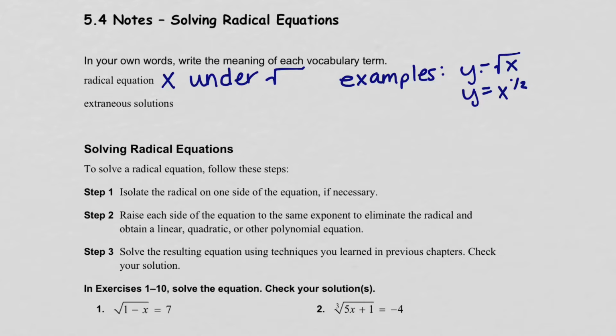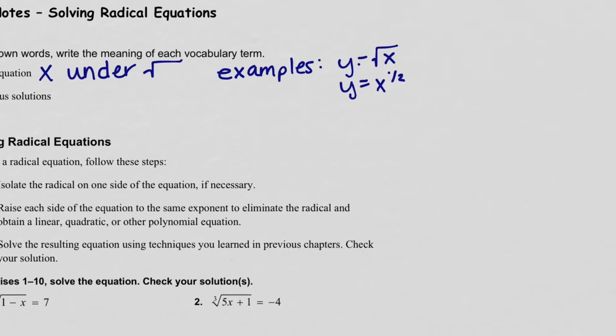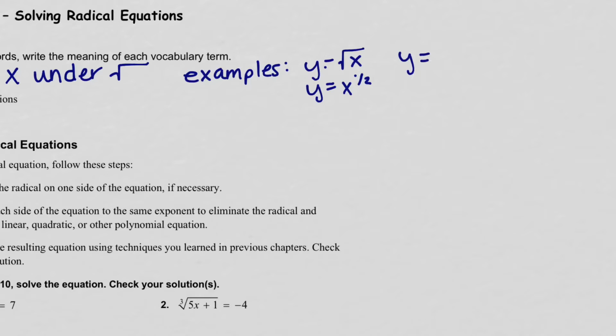So that is still a radical equation because they mean the exact same thing. You might have y equals the 3rd root of x, which is also the same thing as saying x to the 1/3 power. And like y equals the 4th root of x, and so forth. Same thing as saying x to the 1/4 power.